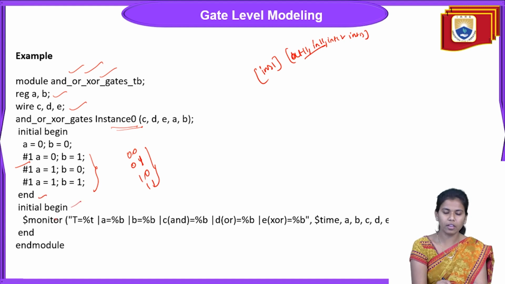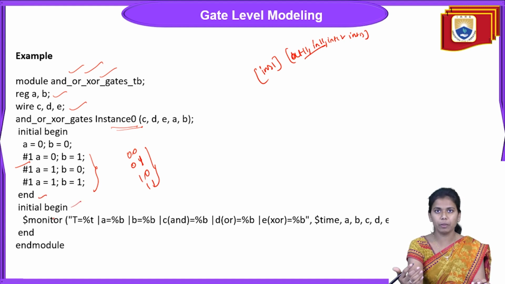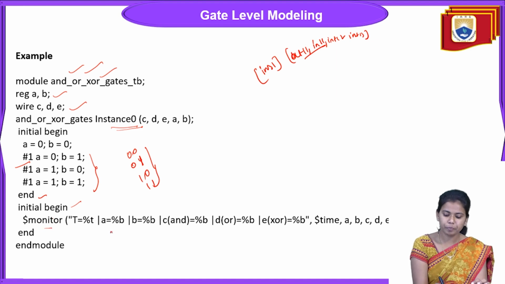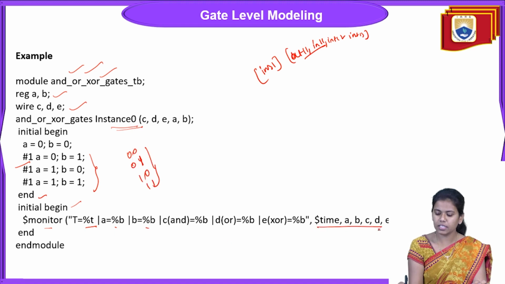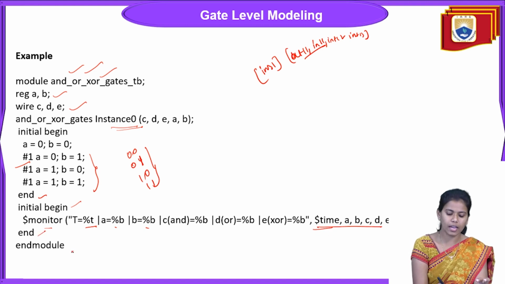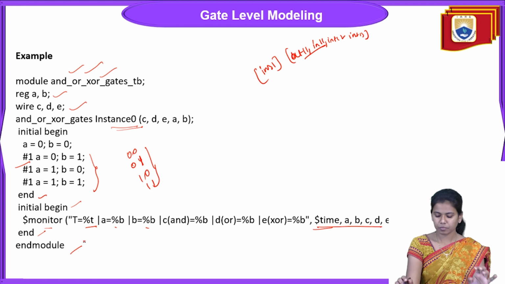And in another initial begin, for display purposes, monitor with percent t and different variables A, B, C and so on. In order to observe the delay for the output as well as the input, we represent it with $time, and I'm ending up with end and endmodule.